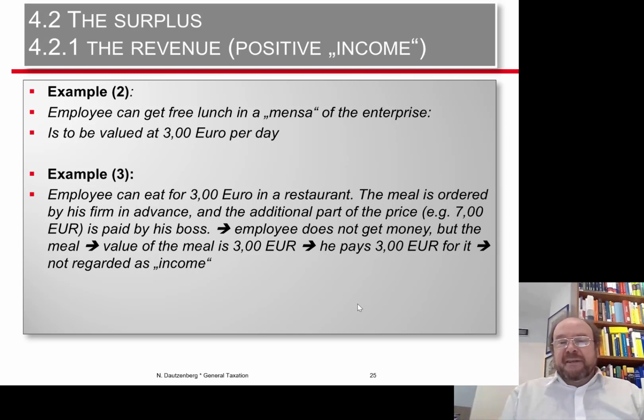So we can understand that the courts ruled that according to the exact wording of the legal rule, it is sufficient to be a financial advantage for the employee if the meal was offered. So if you got the offer to take it for free, and it's your free choice if you take it or don't take it, because the financial advantage is then already seen in the offer.